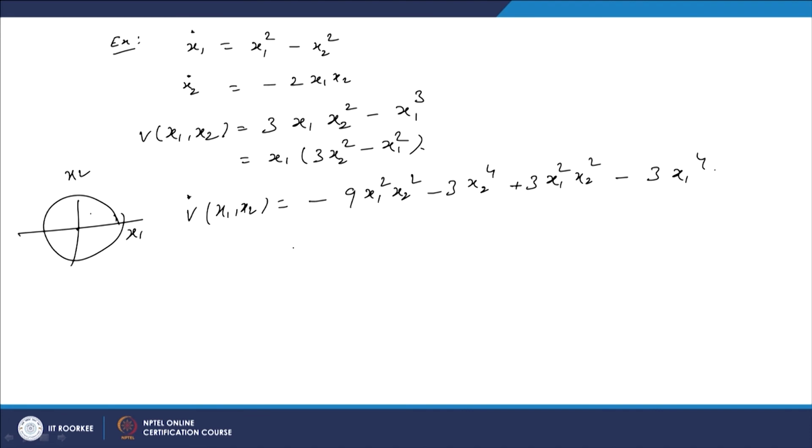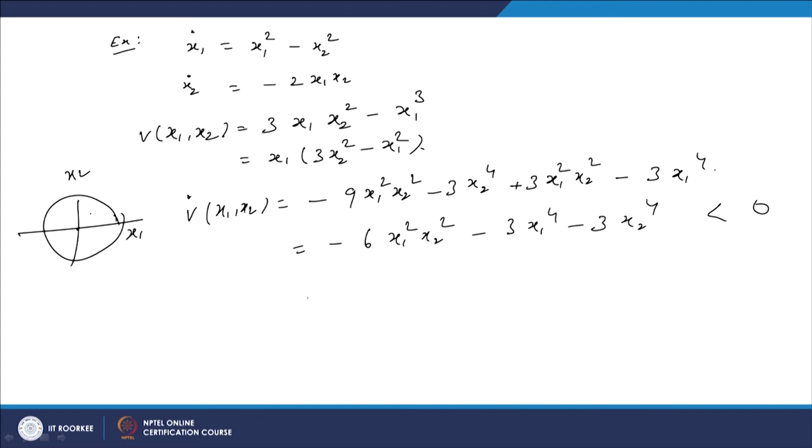So ultimately we will get everything negative: minus 6 x1 square x2 square minus 3 x1 to the power 4. So this is strictly less than 0 for all the values of x1 and x2 in a neighborhood of 0.